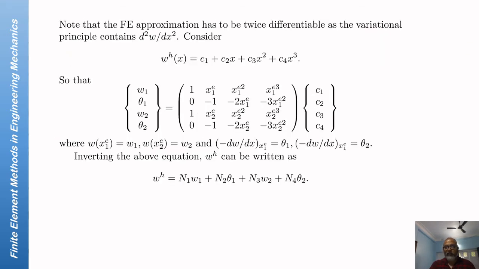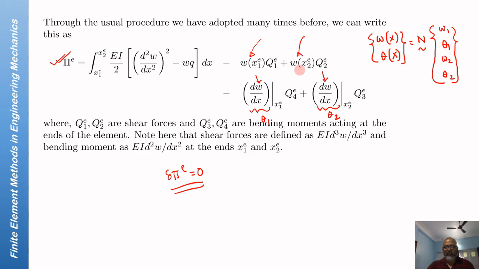So to do that, we are going to assume now a W^h which has this form. Remember, our variational principle contains this term. So if you take anything lower than second order polynomial for W, then this is going to go to 0, and you are going to lose the energy that's contributed by this term.